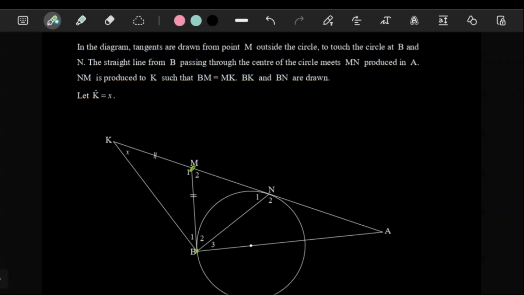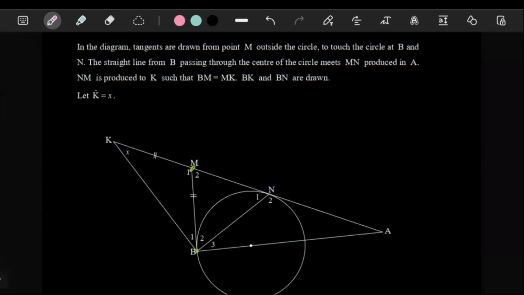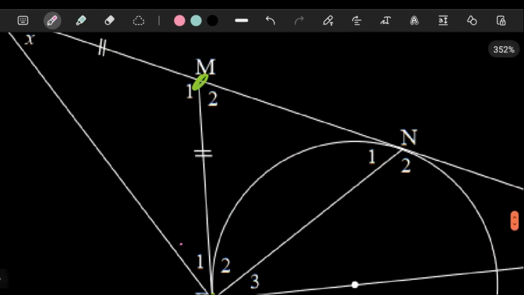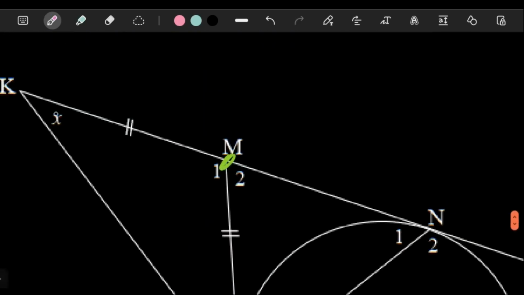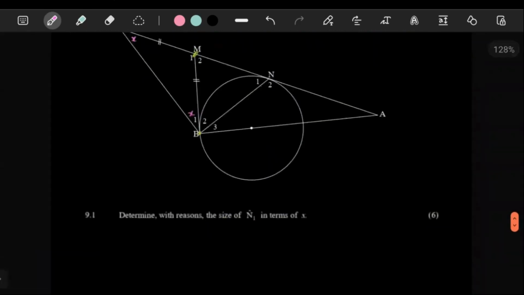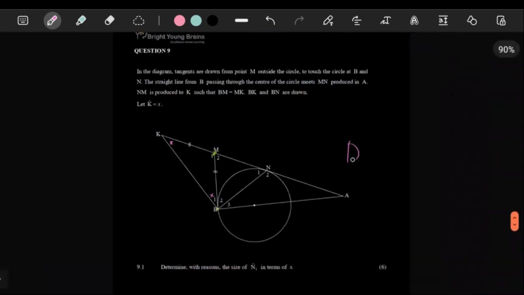Then they say this is angle X. Fine. So that being said, let's see what we can do. If this is X, it means that this is also equal to X, because of base angles of an isosceles triangle. And let's see what the other thing is. Diameters.